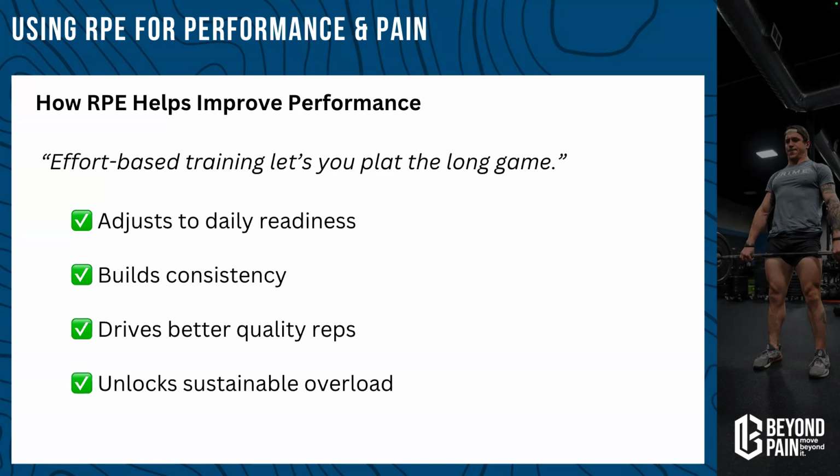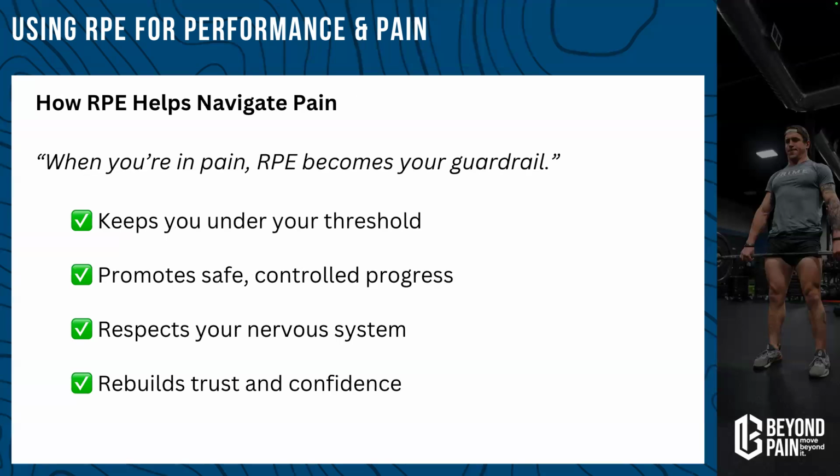It's also hopefully making many of you care a little bit more about quality reps, quality technique, good mind muscle connection than just the weight on the bar. And all of those things serve navigation of pain, right? Like I said earlier, RPE is a really nice guardrail, a really nice safety net when you're in pain because it keeps you under your pain threshold or under it most frequently.